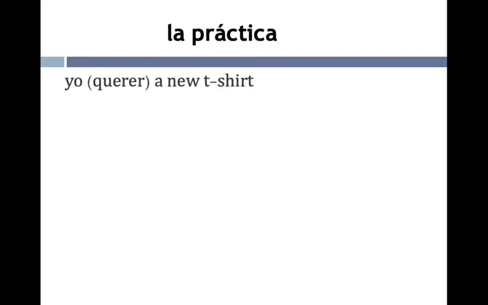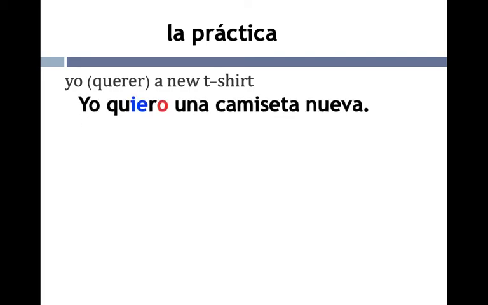¿Cómo se dice I want a new t-shirt? Yo quiero una camiseta nueva. Do you have to put the yo in there? Nope, you could just say quiero. It's understood that that form only goes with the subject pronoun yo.